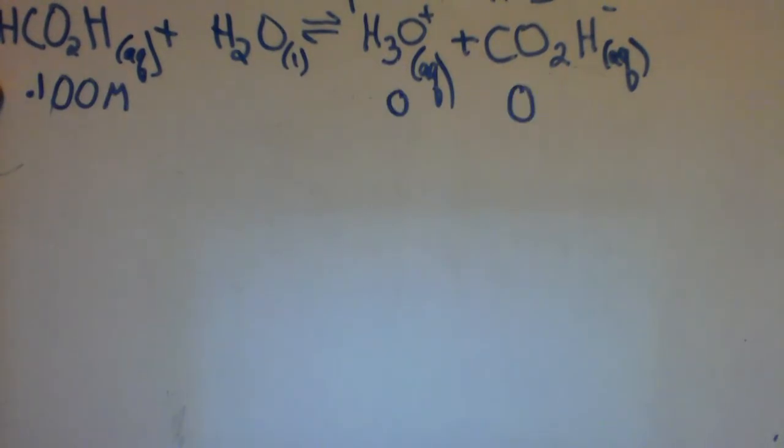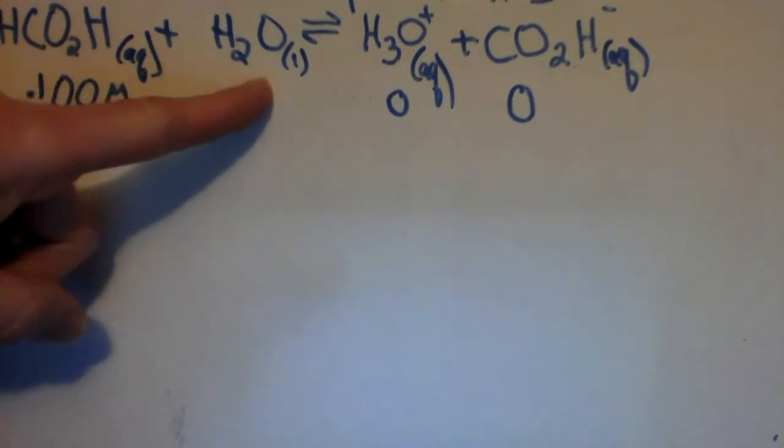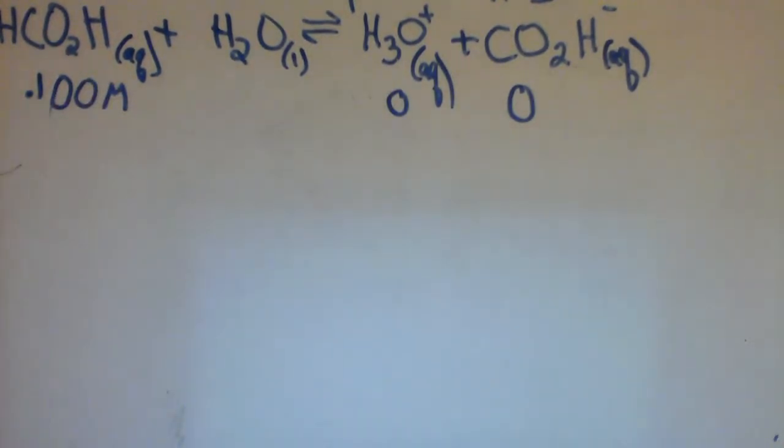You see here I've written the initial concentrations of everything except the water. We don't write the water because the water remains constant. So since it doesn't change, it doesn't affect our numbers. We're only looking for what changes.